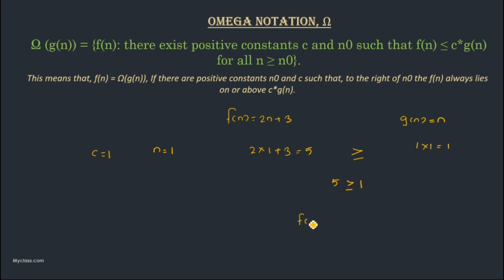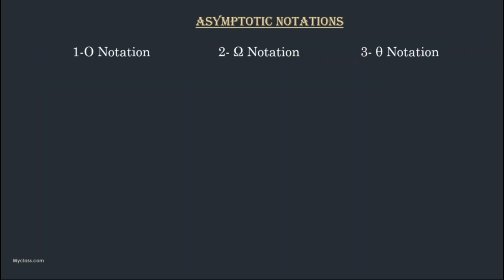We can write like that, f of n is omega of g of n. It means that for positive constants c and n0, to the right of the n0, f of n is always greater than or equal to c into g of n. Clear?